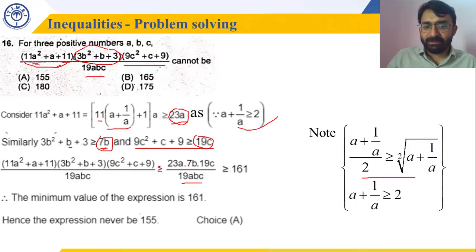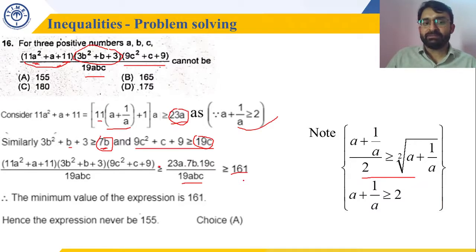If I solve this, ABC will get cancelled, 19 will get cancelled, which is more than or equal to 161. So what I can conclude, the minimum value of this expression, why is it the minimum value? Because the minimum value of each individual term we calculated. So overall minimum value of this expression will be 161. It cannot be less than 161 by any case or by any chance.